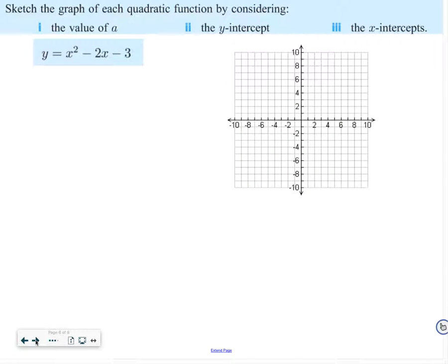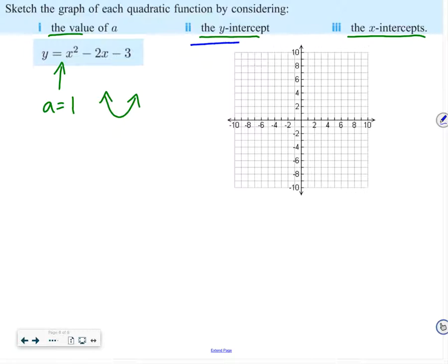Okay, so putting all these different things together, I want to sketch the graph of this particular quadratic function by using these 3 key concepts to get a general sketch for this graph. First, my a value is equal to 1. I know that must be concave up, and it's not going to be any wider or narrower.